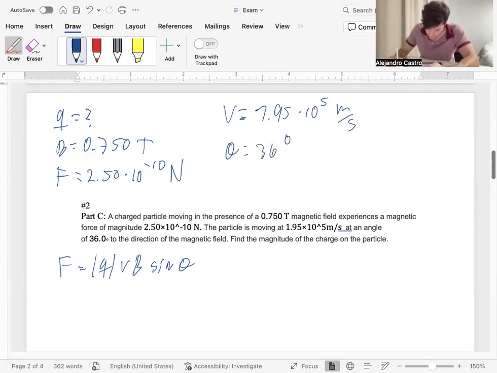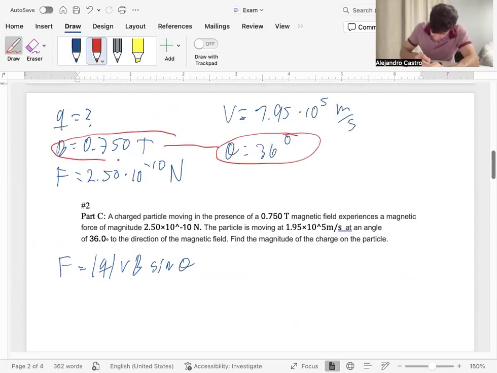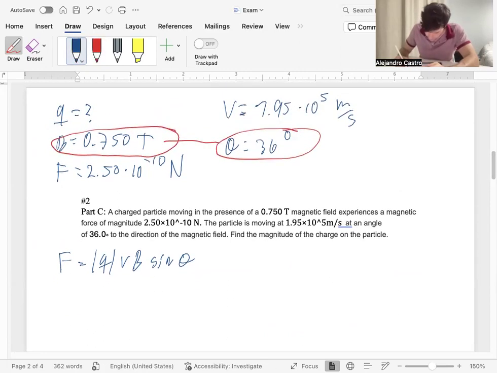Find the magnitude of the charge of the particle. Okay, angle is going to be 36 degrees, in the direction of the magnetic field. Okay, I think we have everything we need.